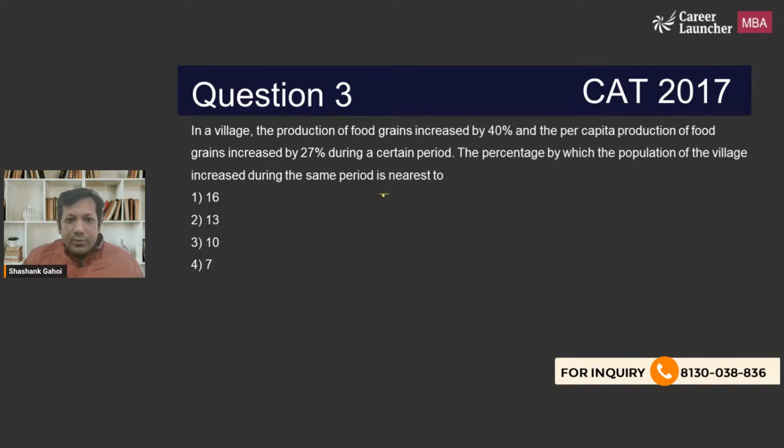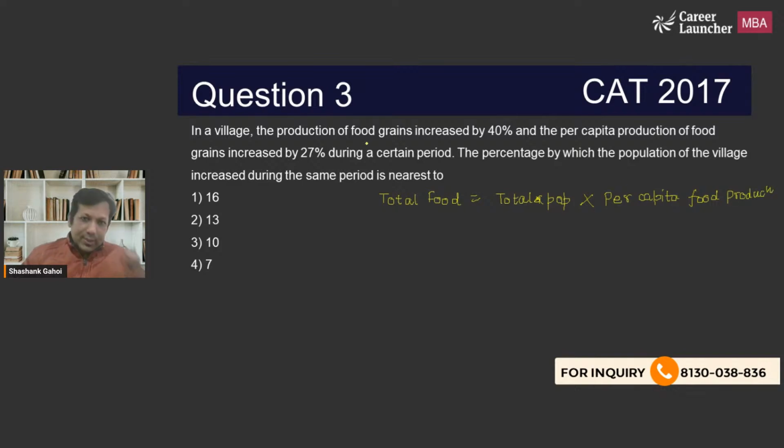So total food can be said as total population into per capita food production. Per capita means per person. So if I multiply this by total number of people, I'm going to get total food production, right? So this is the formula I'm going to write.